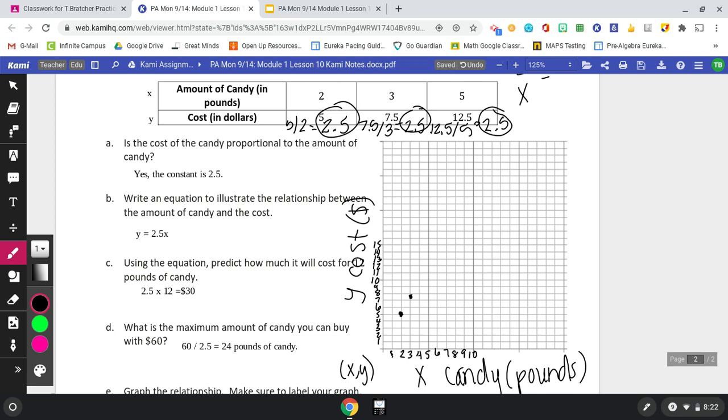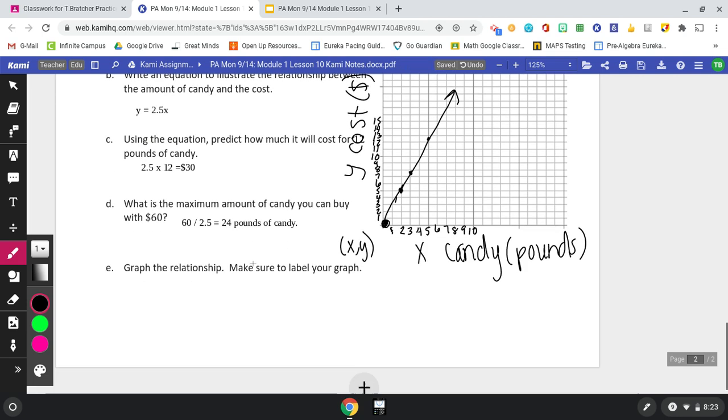And then over 5, up 12.5, which is in between 12 and 13. And again, for you guys, you might have to either increase the thickness or decrease the thickness of your dot. And you should hopefully see that it goes to the origin and is a straight line.